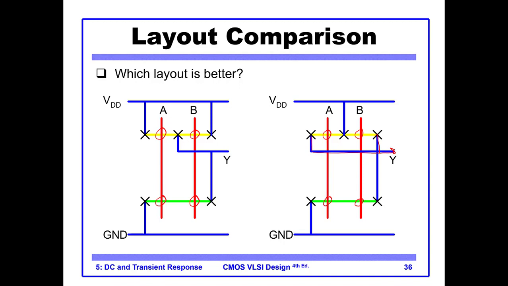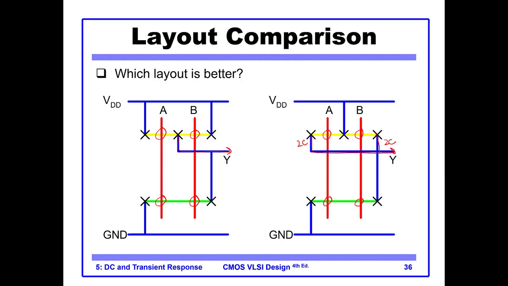Okay, so which one is better? Which one is better? This one on the left or this one on the right? Okay, so let's consider the right one. We have a 2C capacitance from here and a 2C capacitance from here. So these are in parallel, so the capacitance will add up. Why 2? Because these are PMOS.